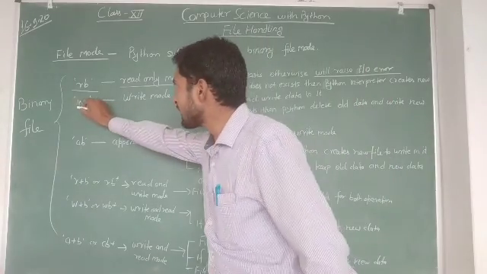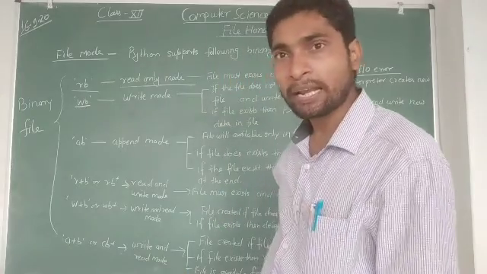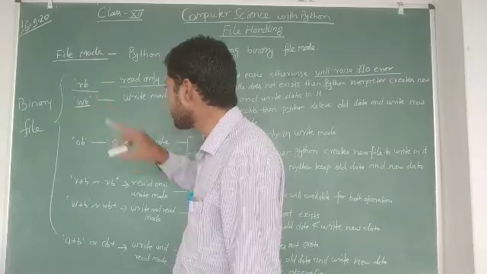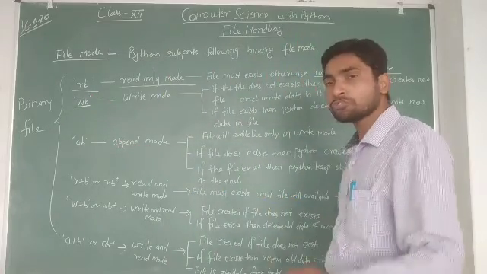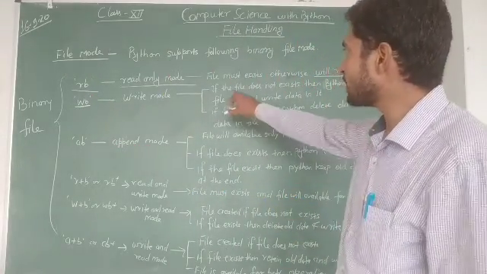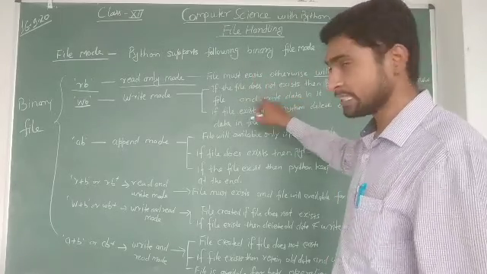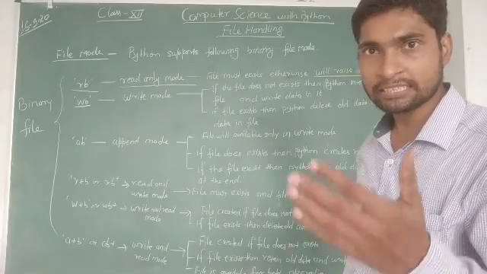Next mode is write mode. In the binary file, write mode is indicated by the symbol WB. There are two possibilities in this mode: if the file exists, and if the file does not exist. Now let us see one by one.